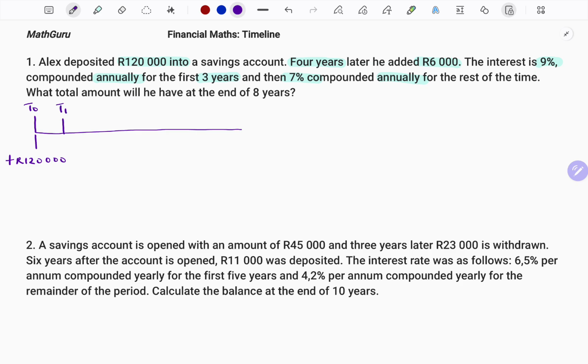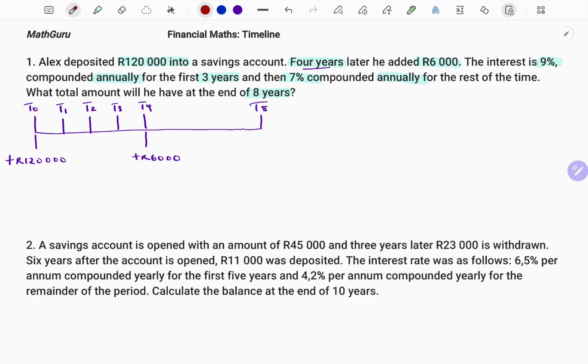I have my first year, my second year, my third year, and my fourth year. At the fourth year, we've been told that he added, so that is a plus 6,000 rand. And then there was no withdrawal or deposit for the rest of the time. So the time was 8 years, so my timeline ends at T8.